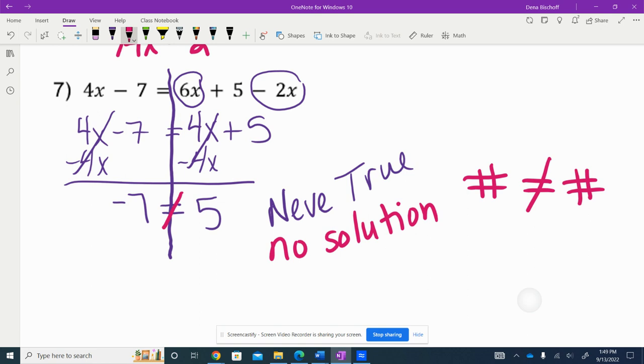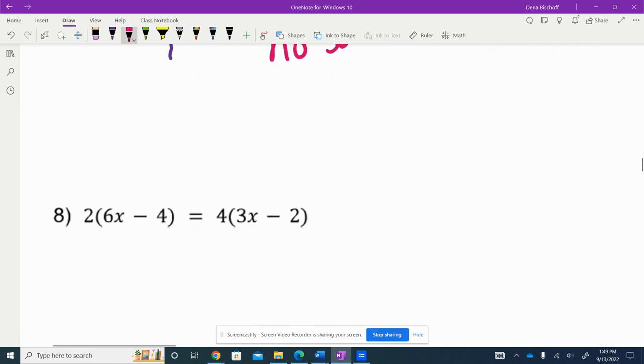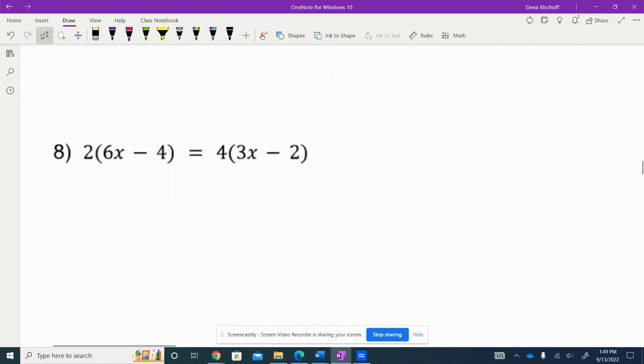Okay, last example, number 8. Someone other than Tyler, walk me through this problem. Sebastian, go. You don't have to do it if you don't want to, sir. Just talk me through it or come back here and do it because we're recording the screen.